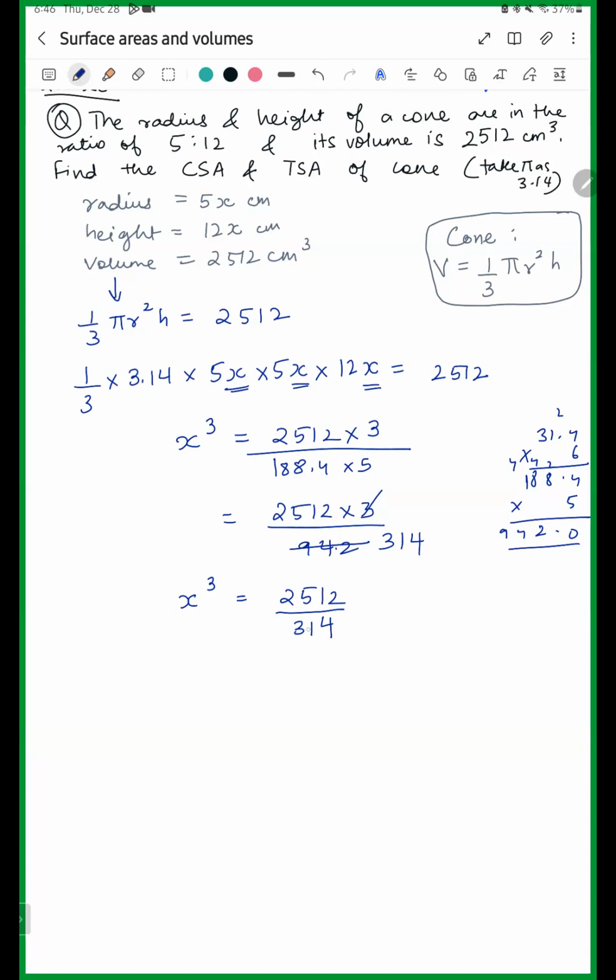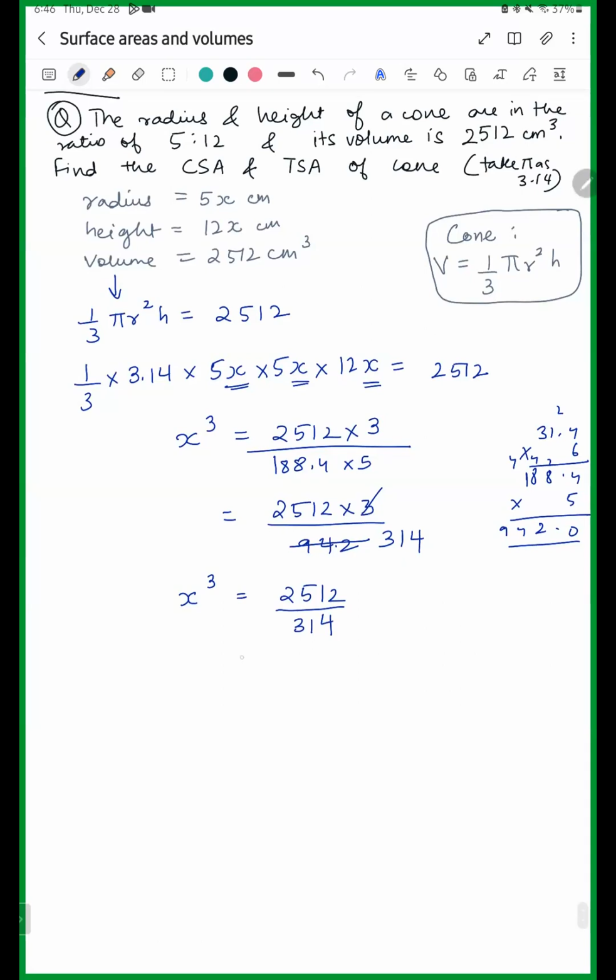No, don't do that. That's wrong. Okay, so this will get cancelled by 2. 2 1s are 2, 2 5s are 10, 2 7s are 14, 2 2s are 4, 2 5s are 10, 2 6 are 12.